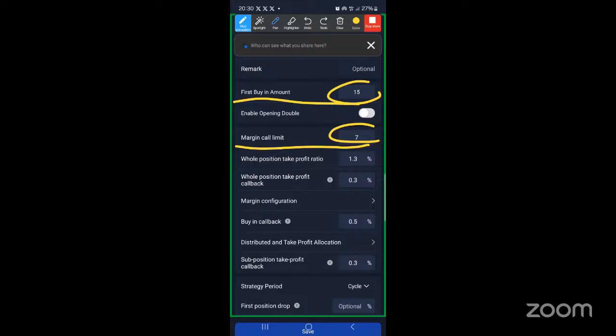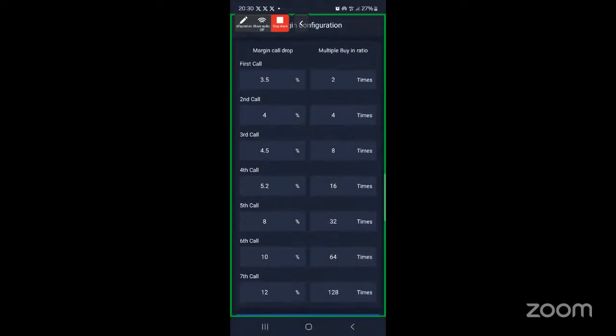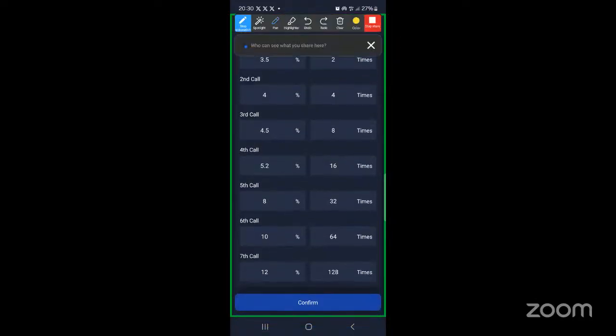All right, next, we are going to go down here on margin configurations. And then we find the default margin configurations of LoyalTube. Last time I taught you the double up strategy. You basically use the default settings of LoyalTube.